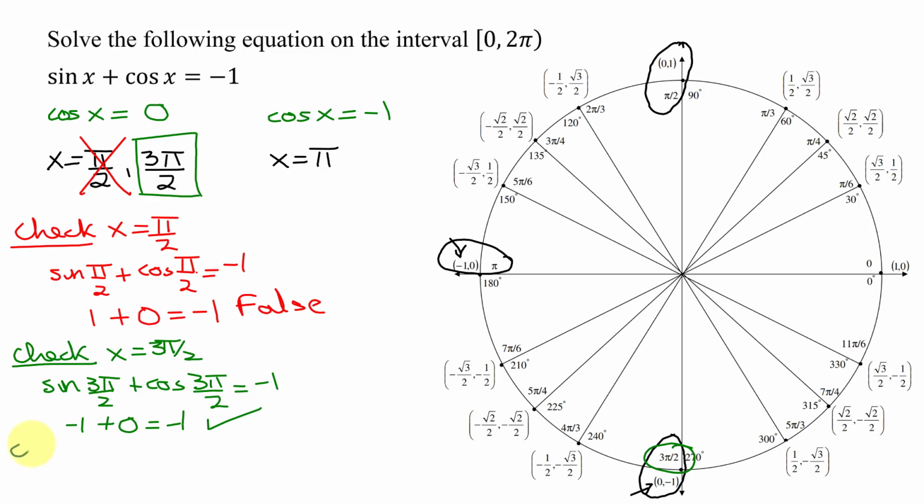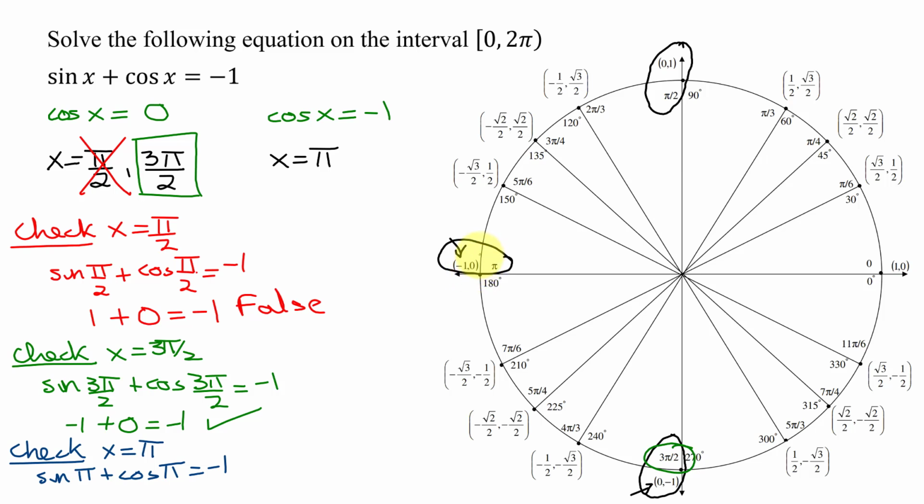And lastly, we need to check our final solution we found of x equals pi. Does the sine of pi plus the cosine of pi, does that equal negative 1? Sorry, I'm running out of room. The sine of pi, here's pi.